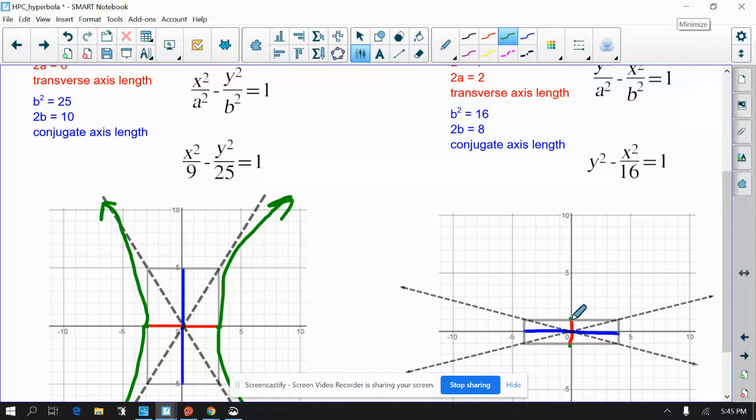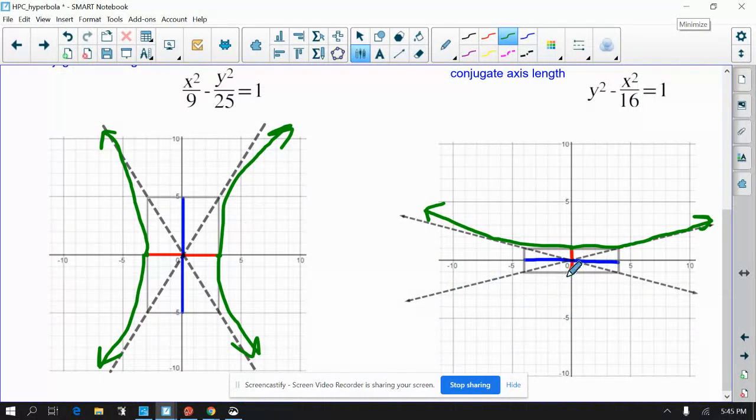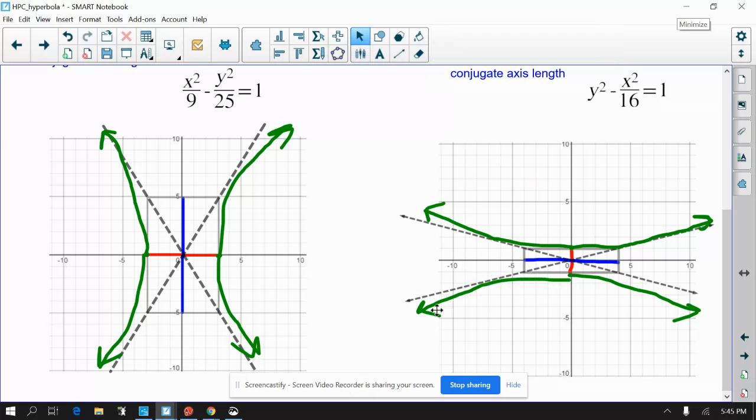So I'm starting here, and I'm curving up and away, but in such a way that it's kind of hovering towards the asymptotes. So there's one half of my hyperbola, and then there's the other half. Don't cross that asymptote like I'm doing. I hope you get the idea.